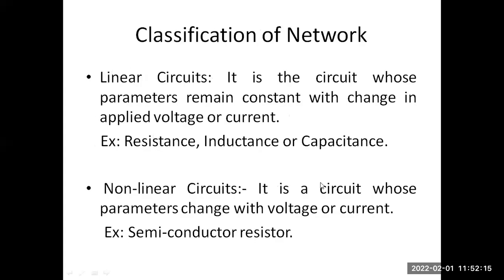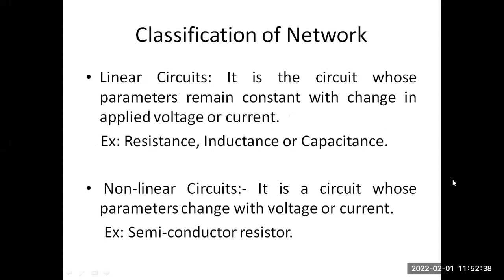Okay. Next, classification of the network. Now, classification of the network: there is a linear circuit and there is a non-linear circuit. A linear circuit is a circuit whose parameters remain constant with the change in the applied voltage or current. Whereas a non-linear circuit is a circuit whose parameters change with the voltage or current.